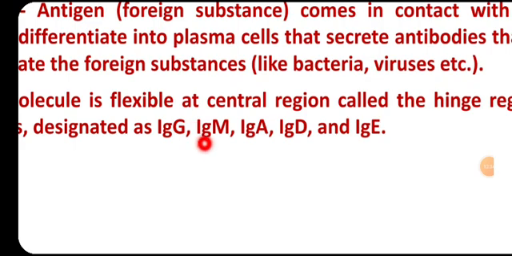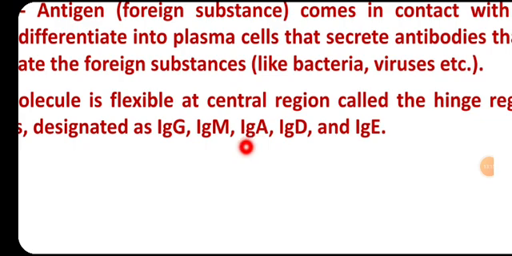The primary immune response first leads to production of IgM, and later on there is production of IgG type of antibodies. If the antigen is entering our body for the first time, there is production of IgM followed by production of IgG. If the same antigen enters our body for the second time, there will be production of IgG type of antibody. This IgG is the principal antibody which is produced in our body against different antigens.